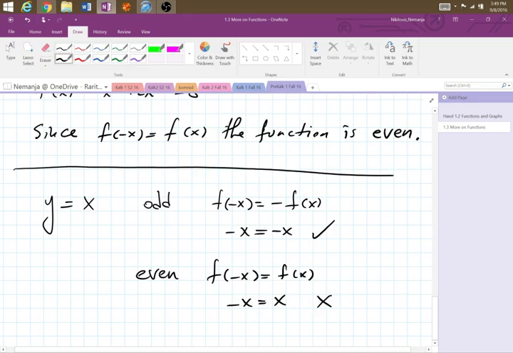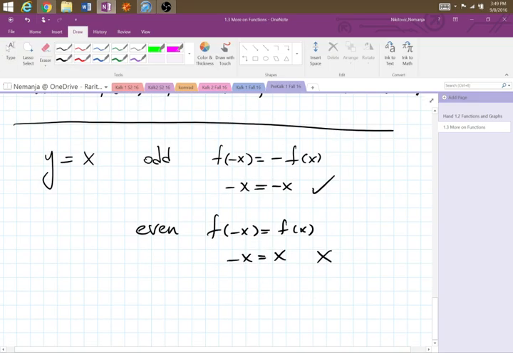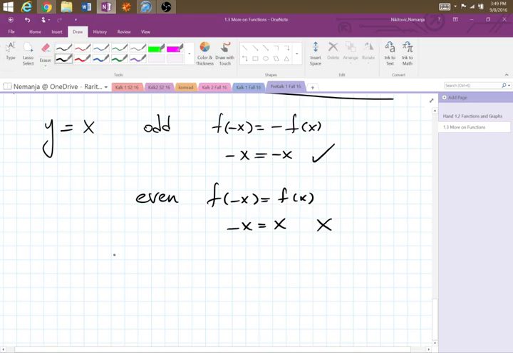So I have y equals x. Now what is the graph of y equals x? Anyone remembers that one? Straight line through origin, good. At 45 degrees, right? So we have a straight line.